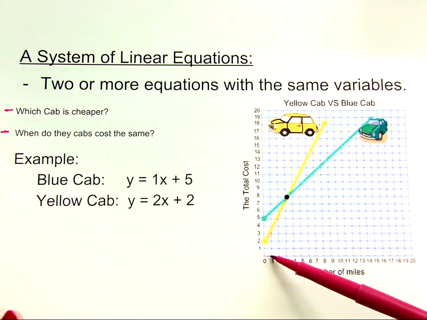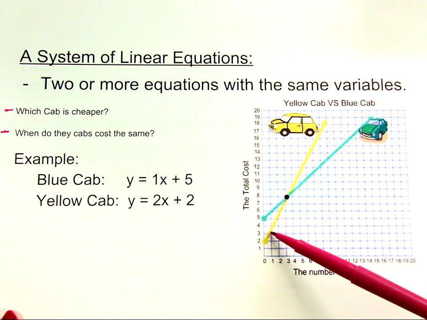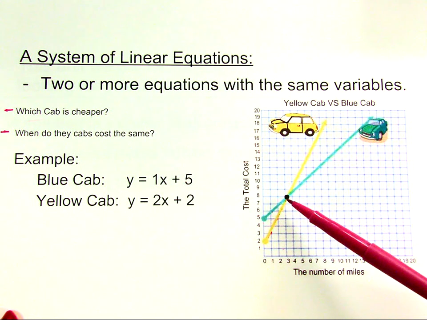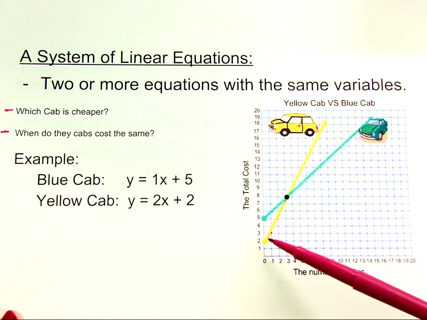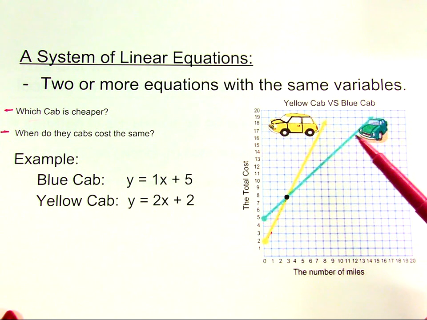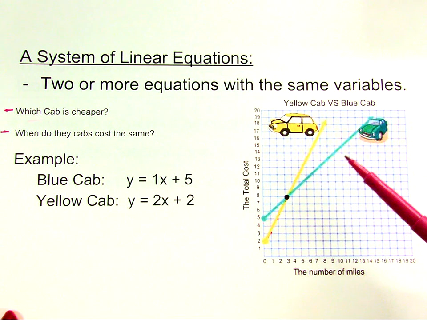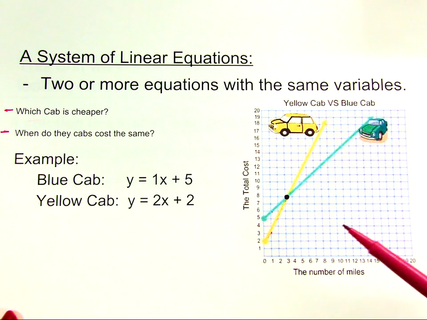For 1 mile here, I'm paying almost $6, where for the yellow cab, I'd only be paying $3. So before this point of intersection, my yellow cab would be cheaper. But after that, notice my yellow line is above the blue line, which means after this point of intersection, those number of miles would be cheaper in the blue cab.